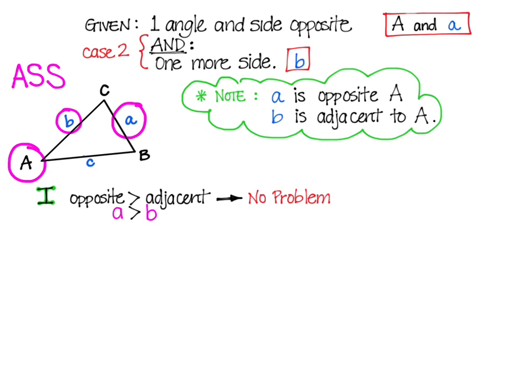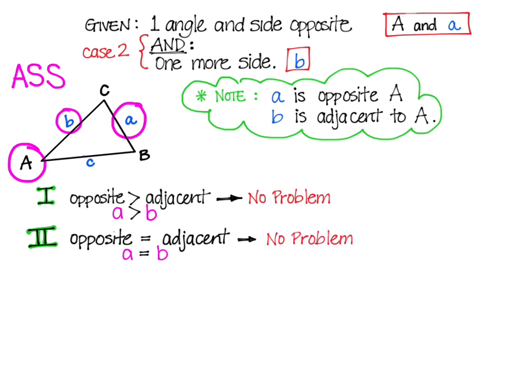We just go ahead and solve using law of sines. When the opposite side and the adjacent side are exactly the same length, we have one and only one triangle. And that, again, is no problem. We just go ahead and use law of sines to figure it all out.